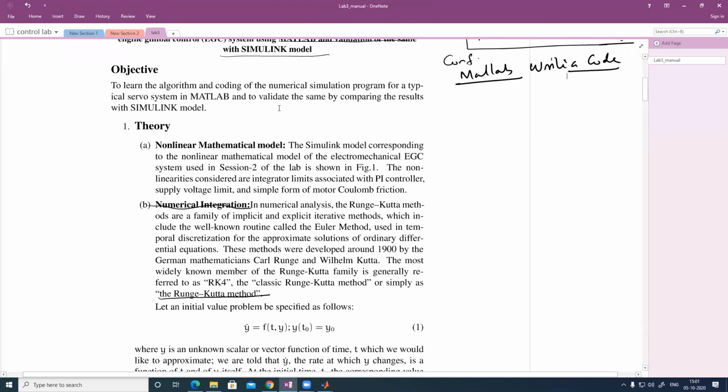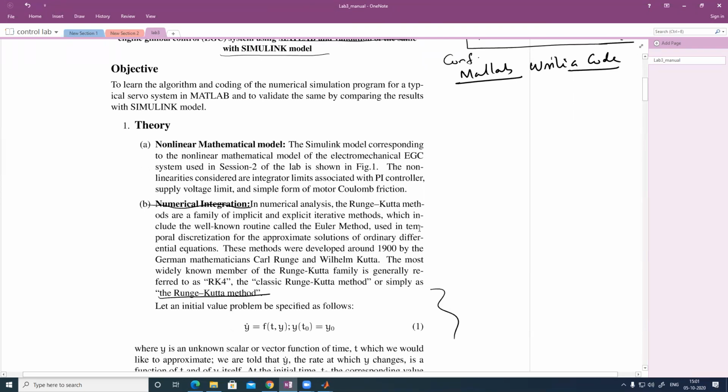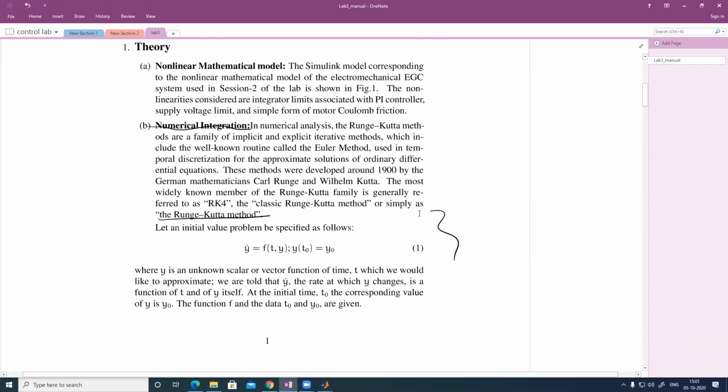This algorithm was taken in the class last Friday. Here you have to do the Simulink model corresponding to the nonlinear mathematical model of the EGC system. In session number 2 you have done so many things.